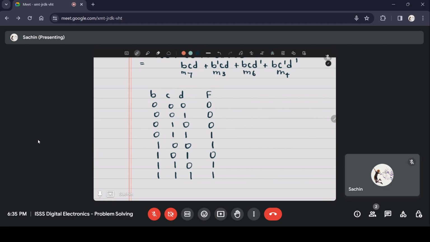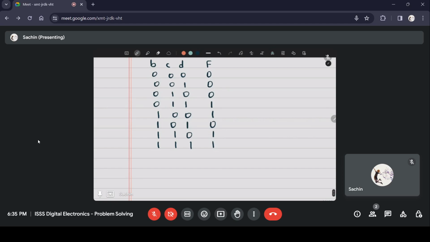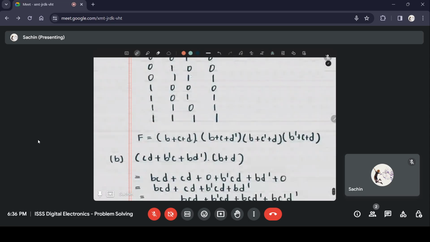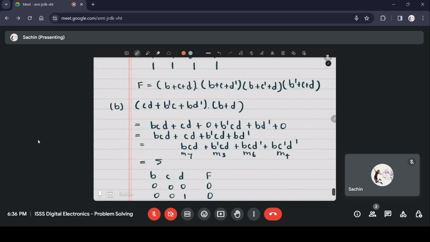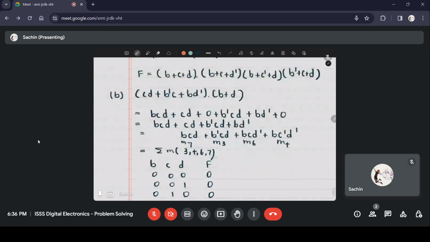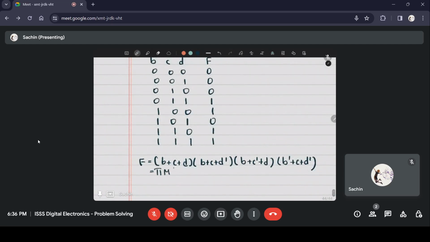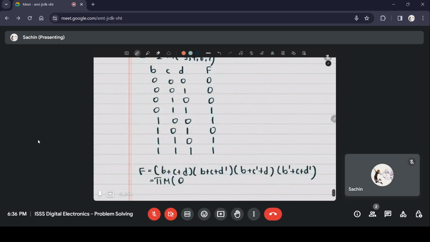So that's the truth table for the function, and the product of sums form will be, of course this can be written as summation m of 3 4 6 7, and this will be product capital M of 0 1 2 5.